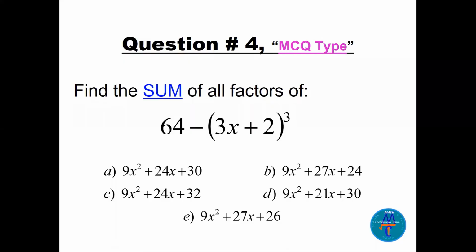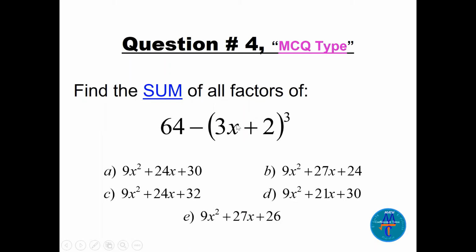Let's see now question number 4, MCQ type, multiple choice question. We need here, find the sum of all factors of this, 64 minus 3x plus 2 all cubed. See the idea here, you factor it. This is the whole idea. Just factor this.